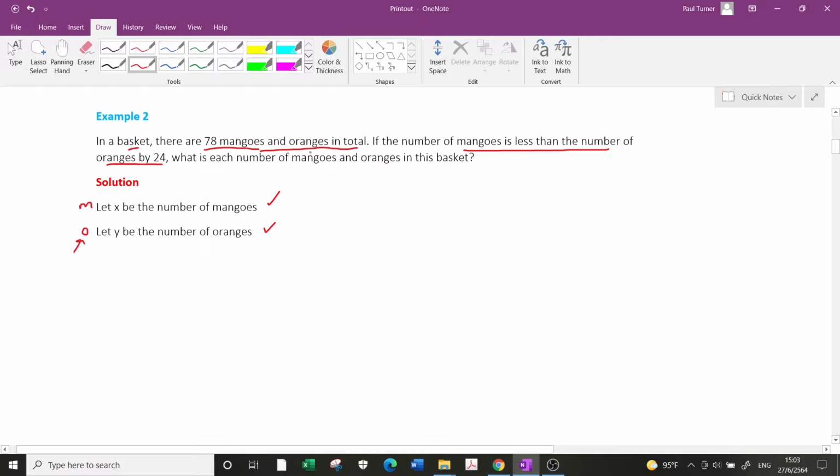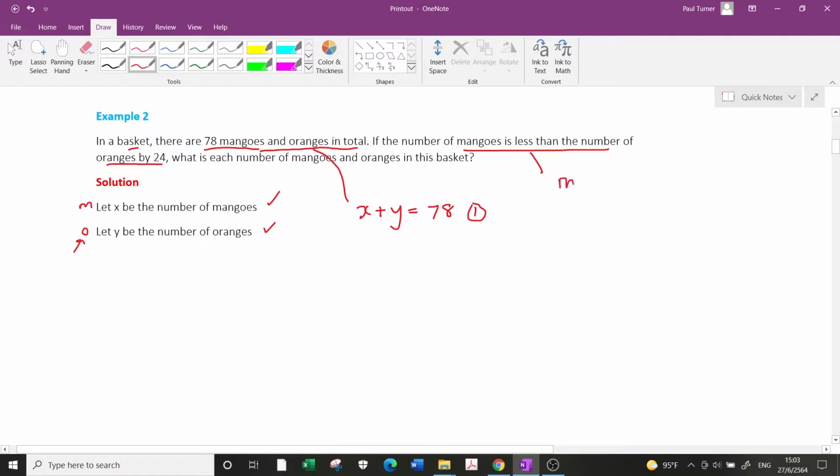In the first part of the sentence, the sum of the two numbers is 78. So that means x plus y will be 78 as the first equation. In this part, it says that the number of mangoes is less than the number of oranges by 24.